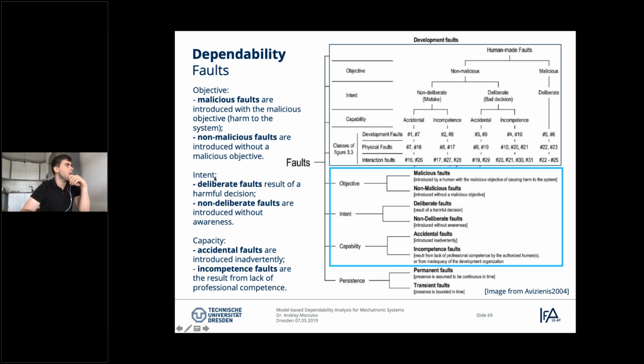The second is the intent: was it the result of a harmful decision or introduced without awareness? For example, if I'm a bad engineer, I can introduce a fault without awareness. But if I'm a good engineer, I could also introduce a fault for my own bad reasons, because I want to make this system fail for some reason. And this is the difference.